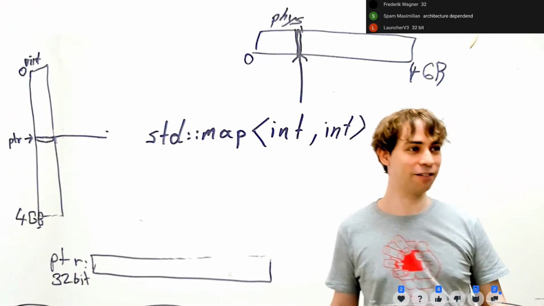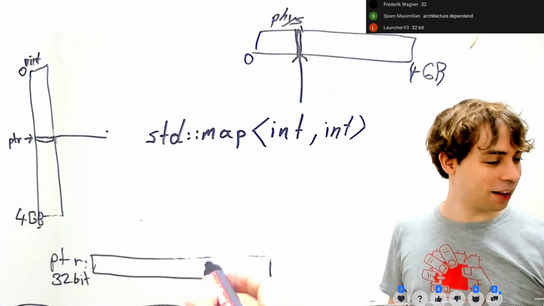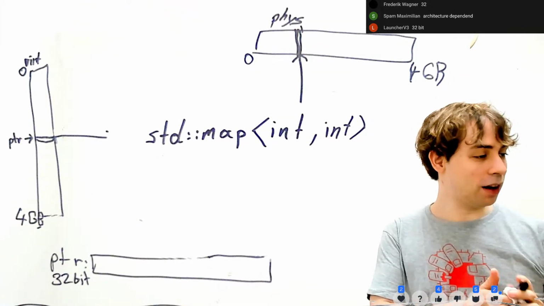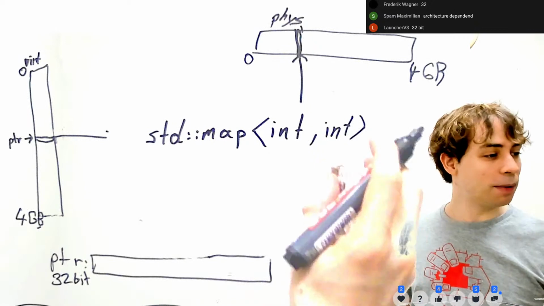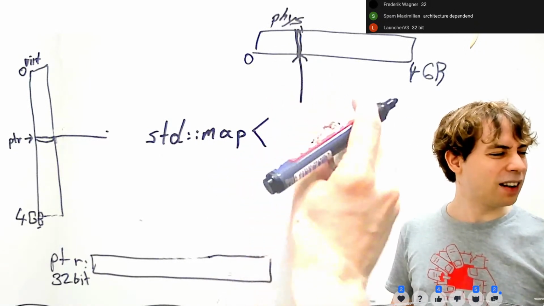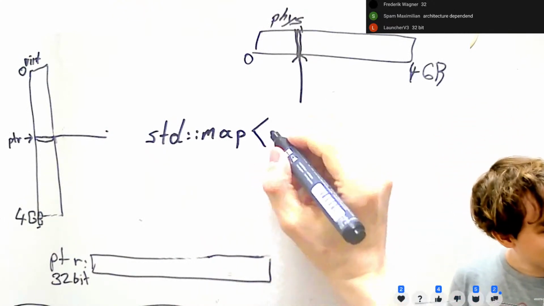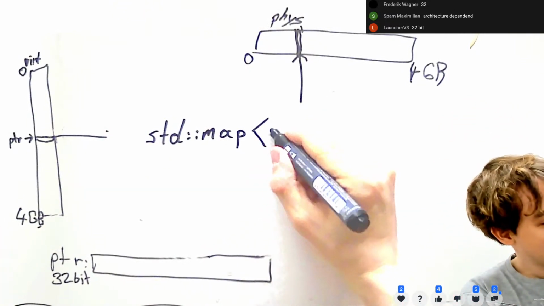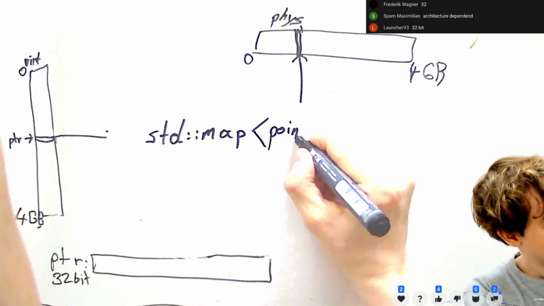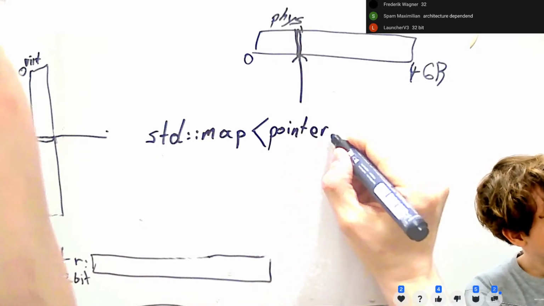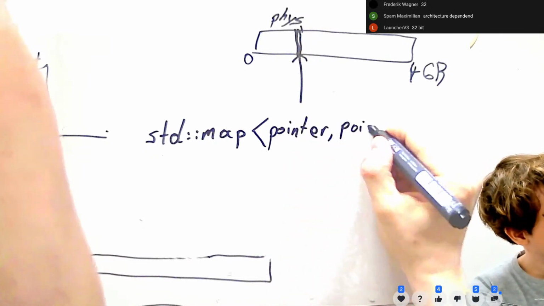Very nice. In our case, of course, we don't want to keep integer here, because if it doesn't fit the right size, then it is a bit unfortunate. So let's make this a map from a pointer to a pointer.